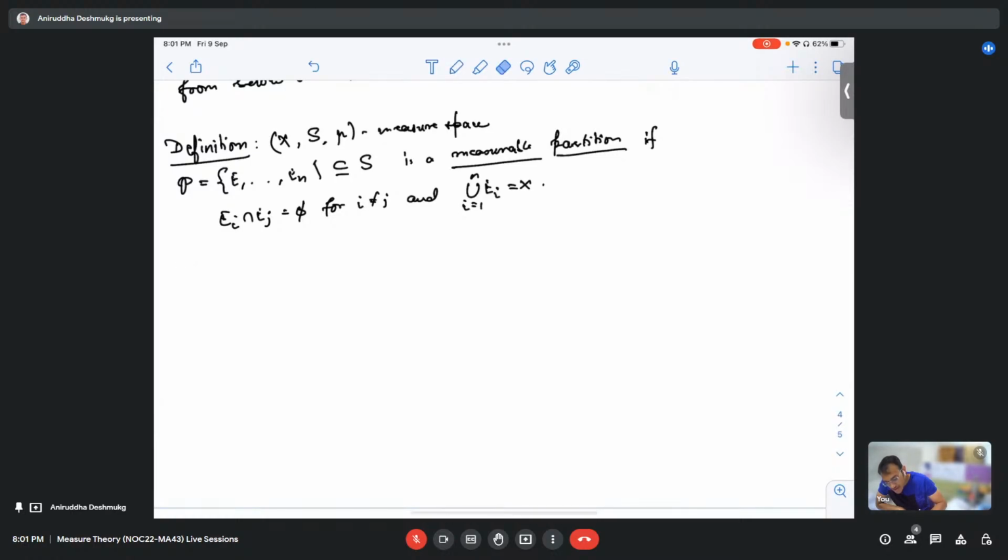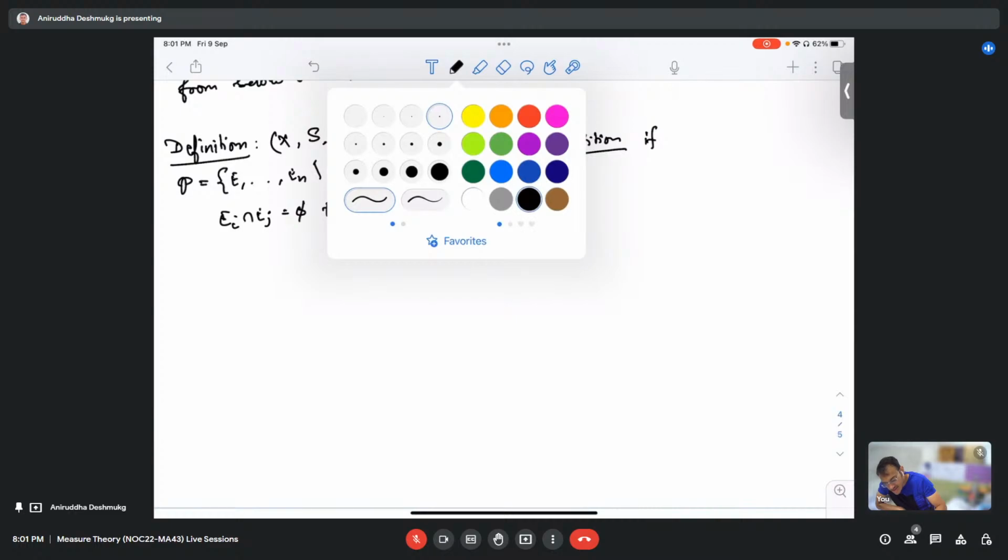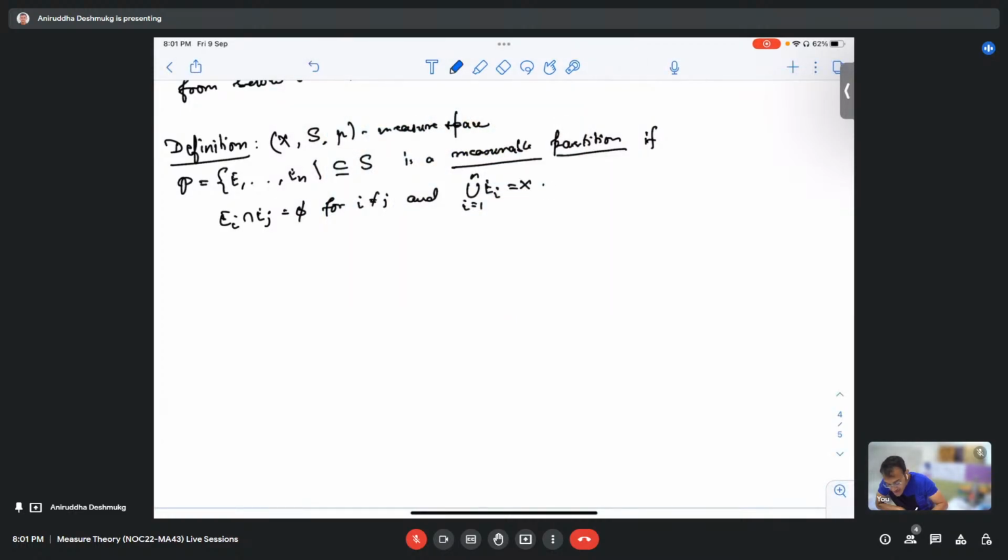I am going to assume a few things, and it will be clear later why I am assuming that. The assumption is that the measure of the whole space is finite and f is a non-negative measurable function with f bounded.